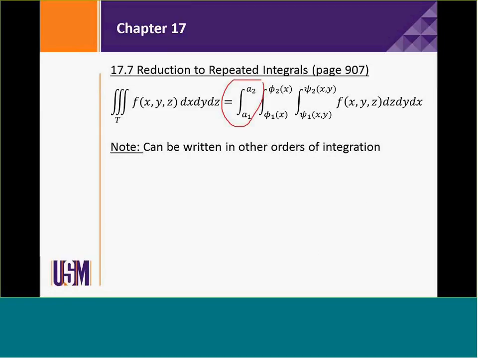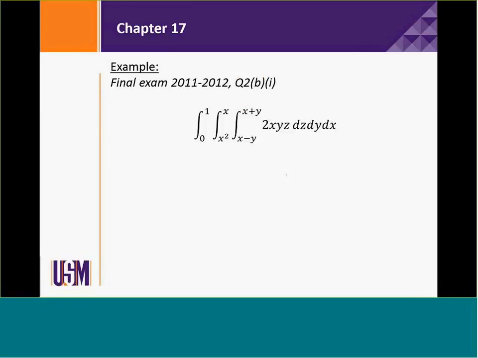If you look at this question, you see the function in x, y, z, with z from here to here. But the outer limit, the last one when you solve, is from 0 to 1. So this is the last example.